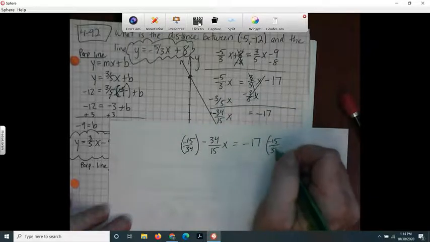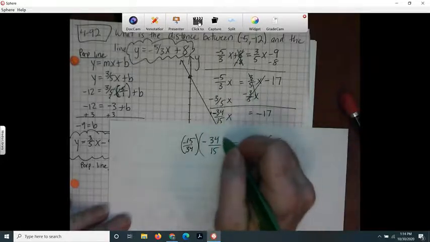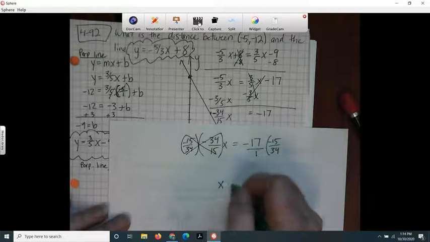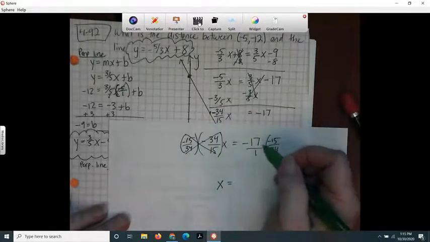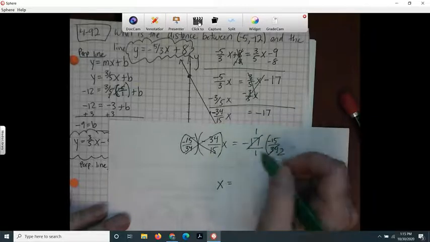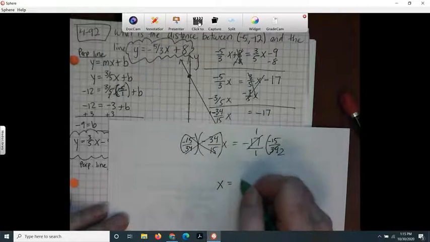Okay, I'm multiplying. So these go away. And I've got x, and then 17 times 2 is 34, and a negative times a negative is a positive. So I have 15/2. That's x.